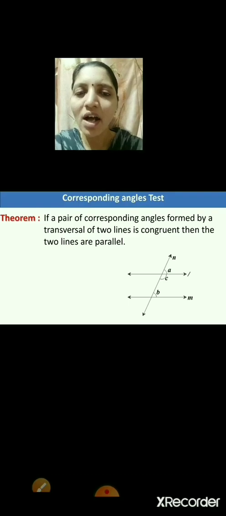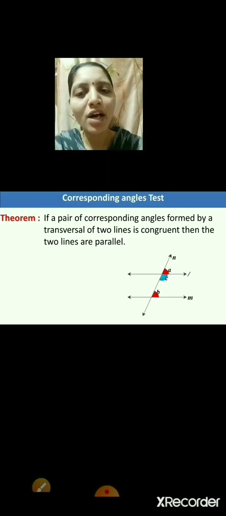Here line L and line M are given to you, and line L is the transversal. If angle A is equal to angle B, then the given two lines are parallel to each other. So this is called the converse of the corresponding angles theorem or the corresponding angles test.